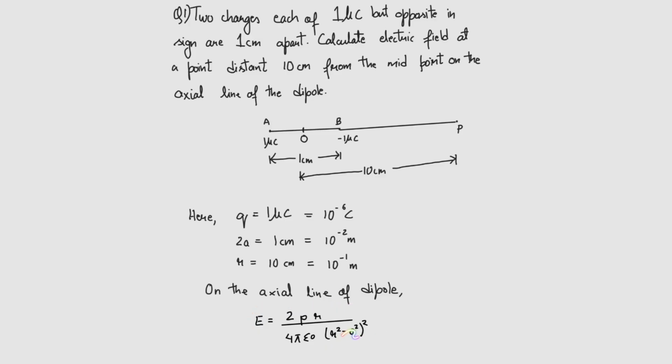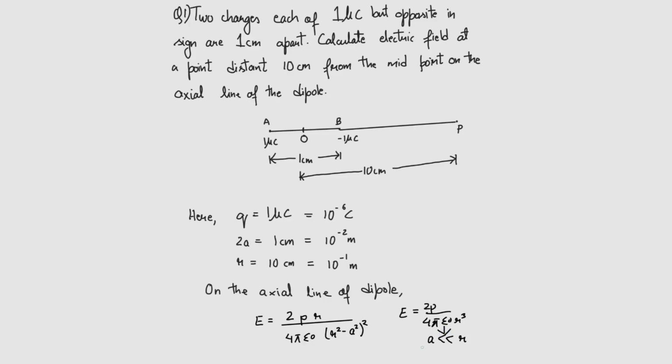We do not use the other formula, E is equal to 2P divided by 4 pi epsilon naught R cube. That formula can be used only and only if A is very very small as compared to R. This formula is only for this condition.